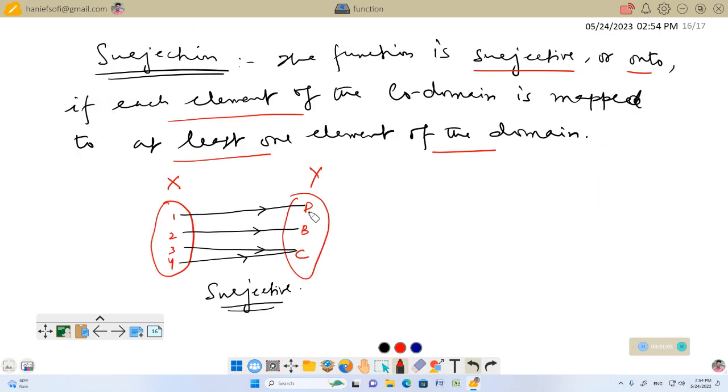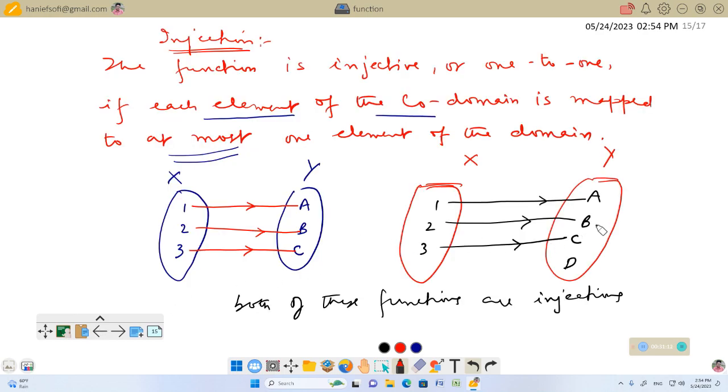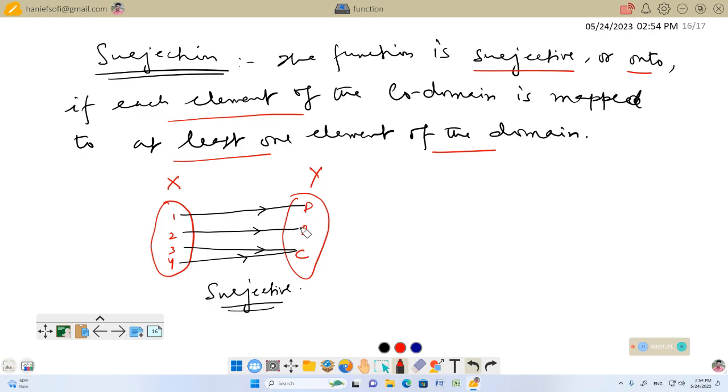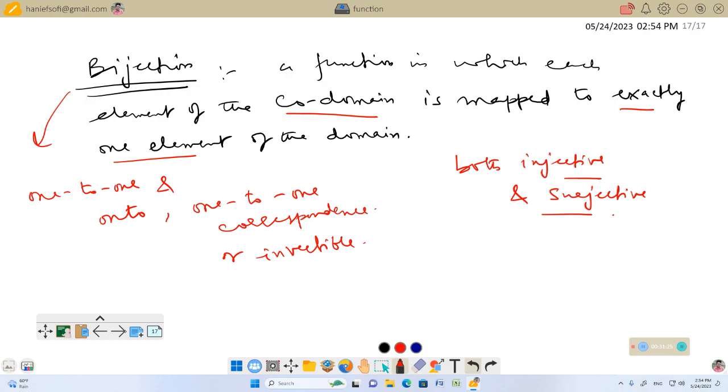But in surjection, no element in the codomain is left behind. So remember, in injection, there can be a member in the codomain which is not connected. But in surjection, there is no element in the codomain which is not connected. And let's move to the bijection. In bijection, each element of the codomain is mapped to exactly one element of the domain.